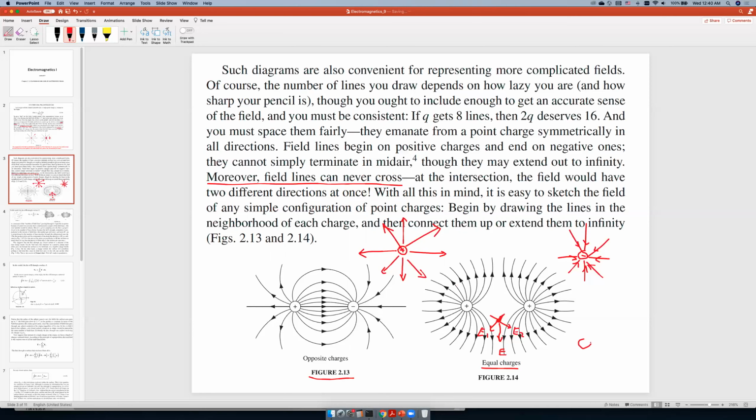if you have a positive charge and a negative charge here, I think you know how to draw the field lines. What about if there's another negative charge? What does it look like? So maybe it's something like this.